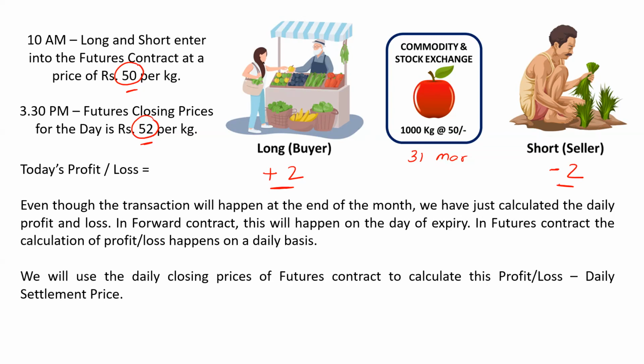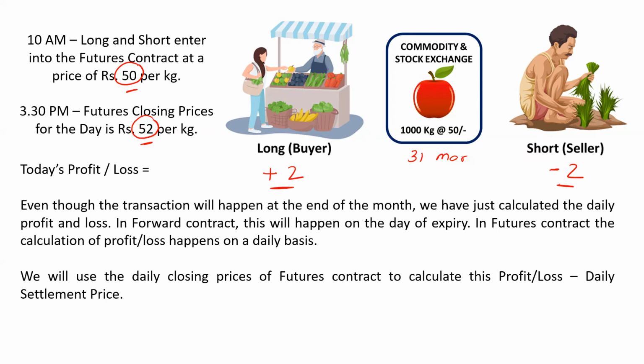So today, the long is making a profit of 2 and the short is making a loss of 2. Tomorrow, if they keep their positions open, the long can make more money. Let's say he's making a profit of 3 rupees per kg and the short is going to lose 3 rupees per kg. So this profit and loss calculation is happening on a daily basis, but the transaction, the buying and selling of the 1000 kg apple, is going to happen only at the end of the month. So I hope this is clear.